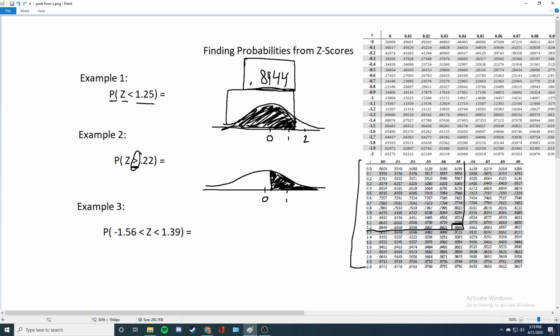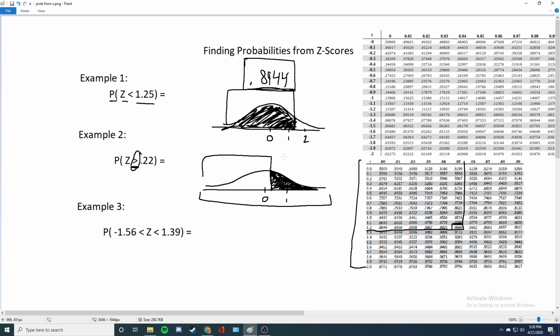Now, in order to get this area to the right, we can't just pick it from the table like we did last time, because remember, these tables tell us the area to the left of that z-score. So if we went into the table and found 0.22, that would only tell us this area. Remember, the entire area under the normal curve is equal to 1.